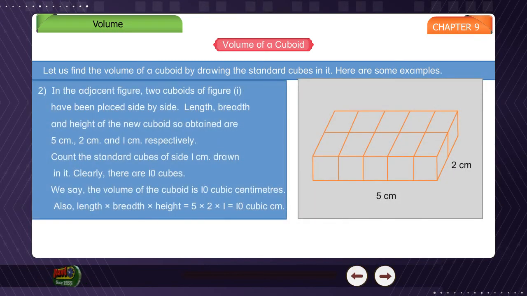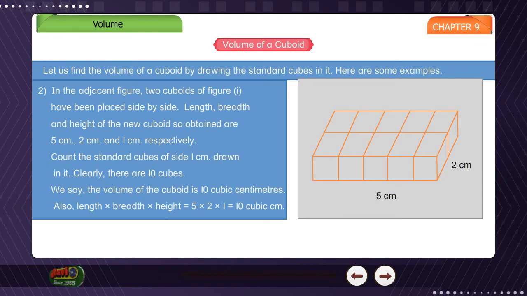2. In the adjacent figure, two cuboids of figure 1 have been placed side by side. The length, breadth and height of the new cuboid so obtained are 5 centimeters, 2 centimeters and 1 centimeter respectively. Count the standard cubes of side 1 centimeter drawn in it.